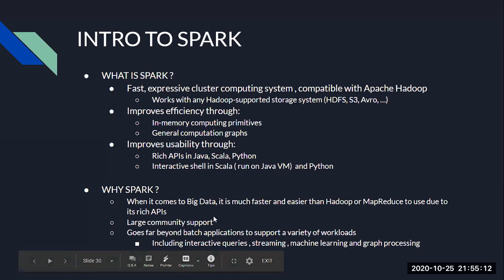When it comes to big data, Spark is kind of the default tool to use. Before it was Hadoop, but Hadoop is tied to Java, which is not optimized so much for machine learning and data science workloads. That's why Spark has become more and more popular now. That's also why I put here that it's easier than Hadoop MapReduce, because Spark has a very rich API and isn't tied to only Java.